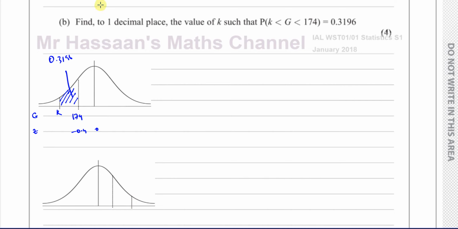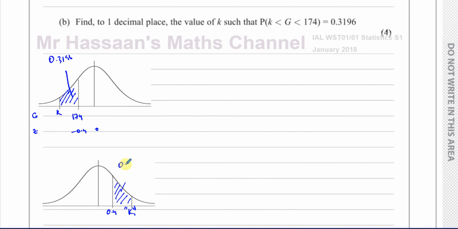So this would be our positive 0.4, and this would be our K value that we're looking for, but this will be the opposite sign of what we have there. So this is like K dash or K1, right? This area is the same as that area because it's symmetrical.